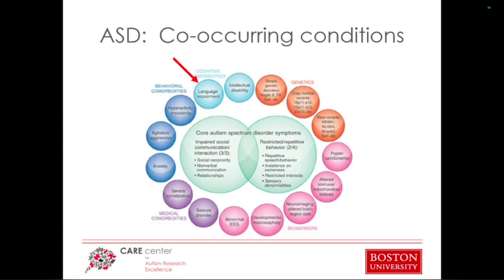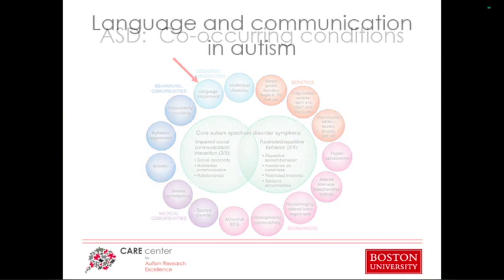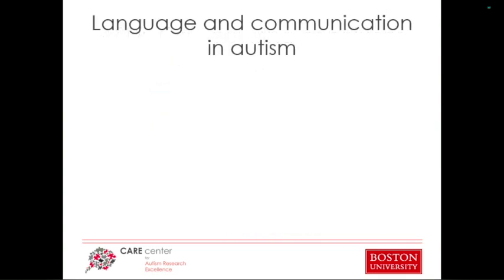So at this point, language, which used to be considered a core symptom, isn't really a core symptom anymore directly. But as I'll go on to say, the way we think about language and communication more broadly in autism today is that there are core universal problems in language use in the social code.